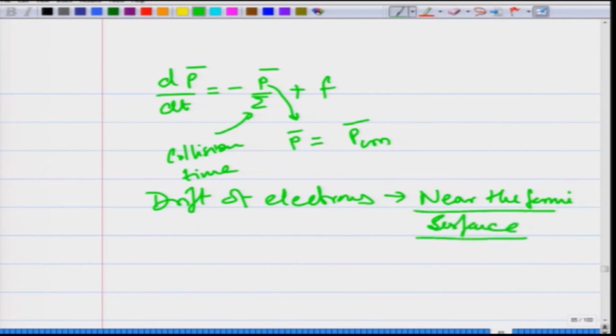Only these electrons are available for responding to the forces or electric field or drive.